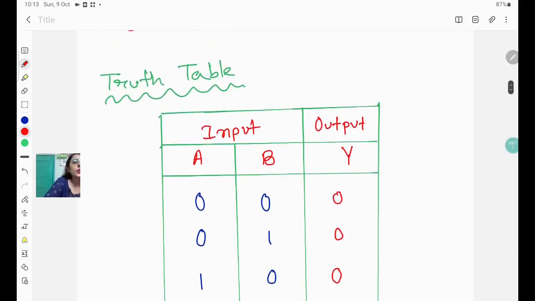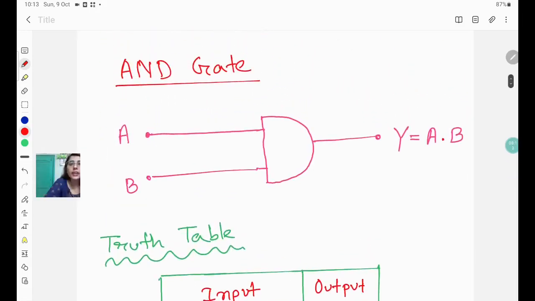That is, if we have an AND operator operated in the logic circuit, it is called an AND gate.